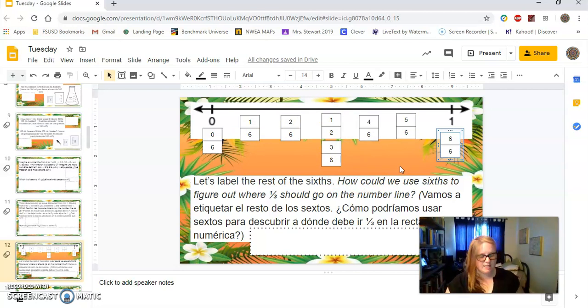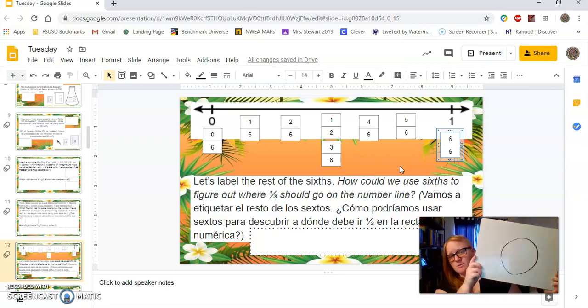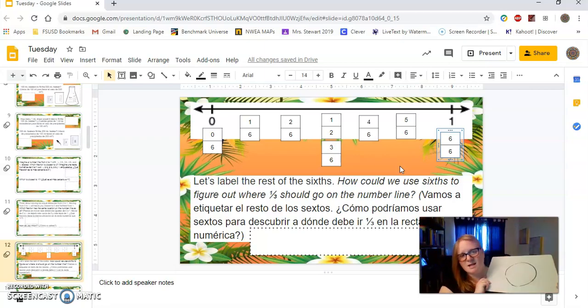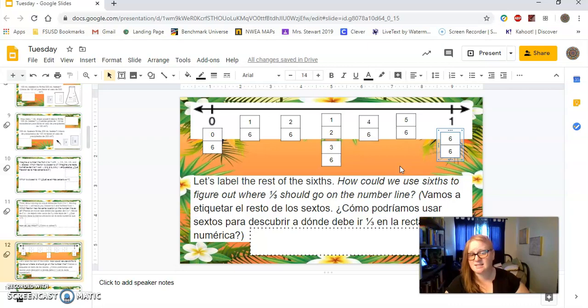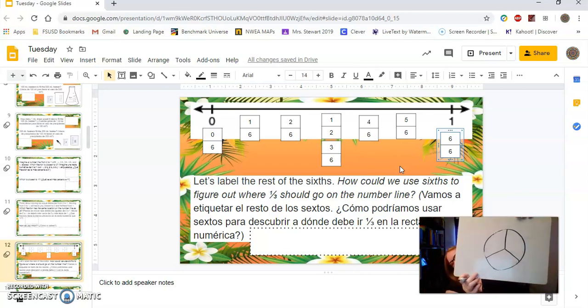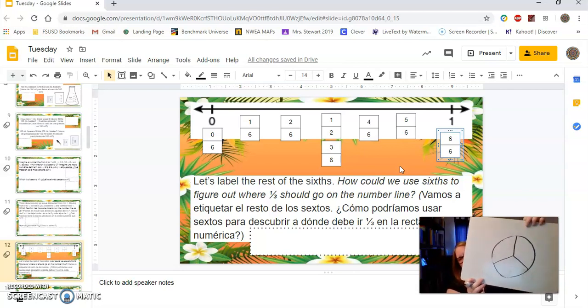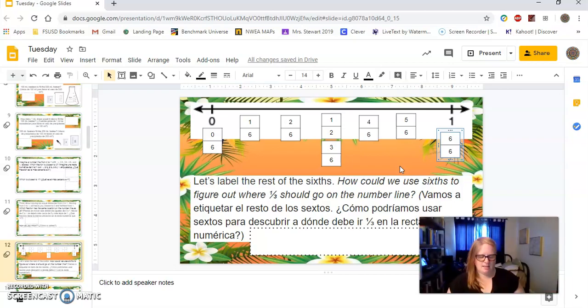Or we can actually take it into our circles as well. So 1/6 probably is not going to be the same thing as 1/3. But I can look and see maybe 2/6 is the same as 1/3. So let me make my circle again into sixths. Right here, it's in thirds. Okay, so I could shade 1 part and then see how many sixths are shaded, or I can make it into 6 first and then shade.